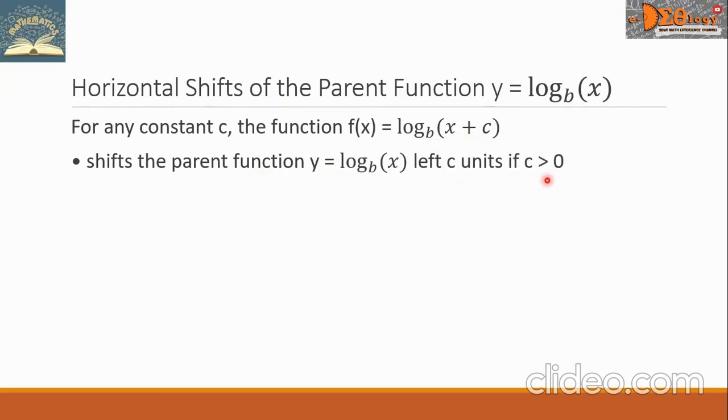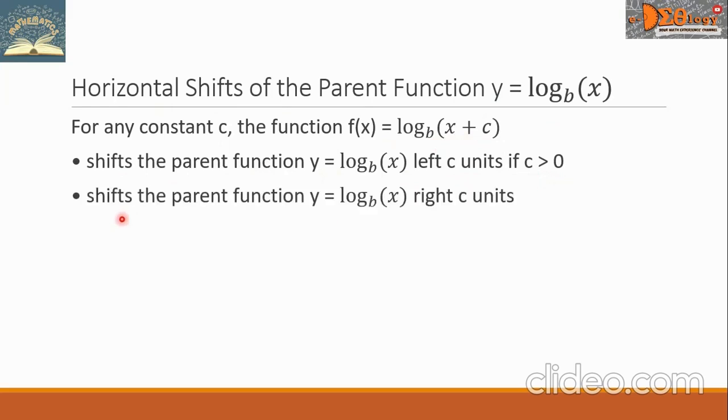If c is greater than 0, it means c is positive. Or it shifts the parent function y equals log of x to base b to the right c units if c is less than 0, or we say that c is negative.